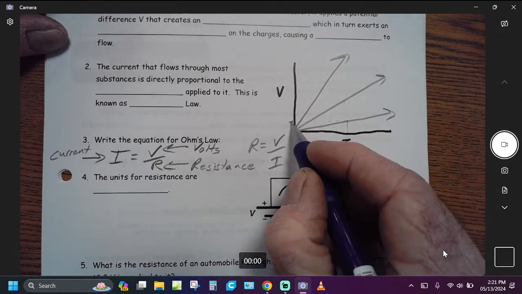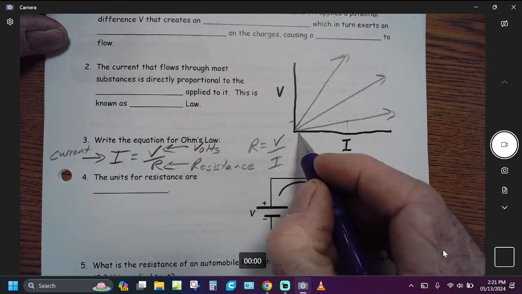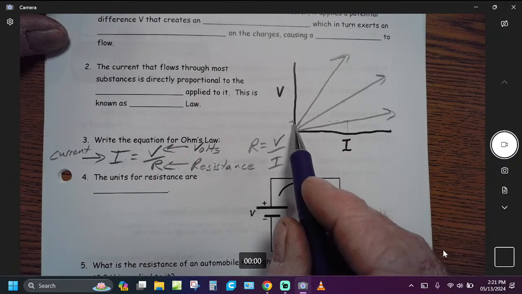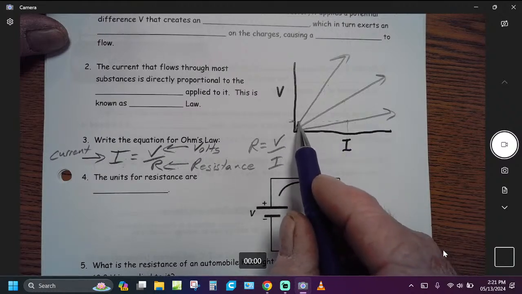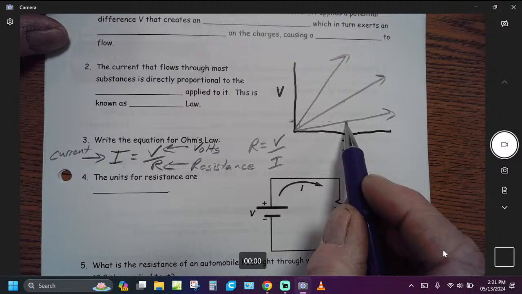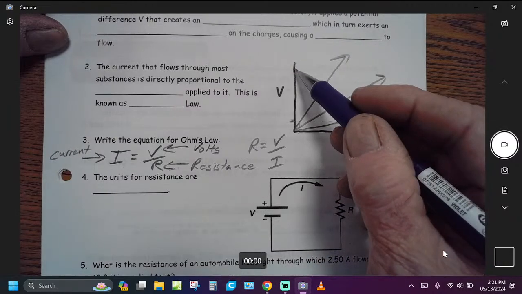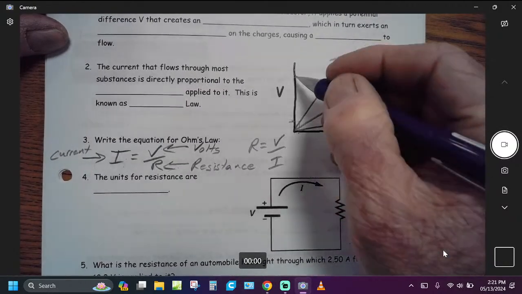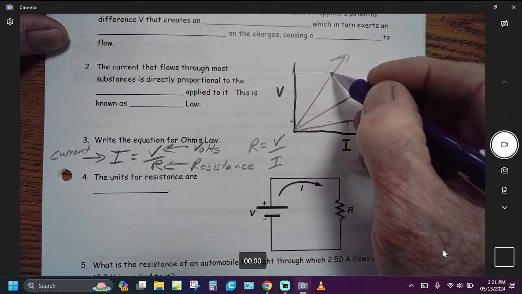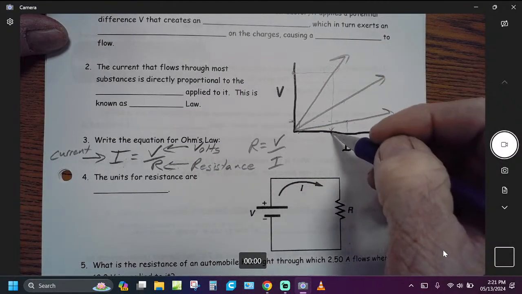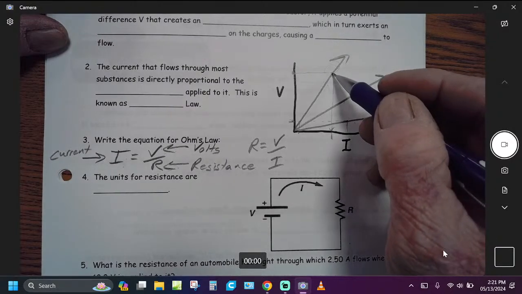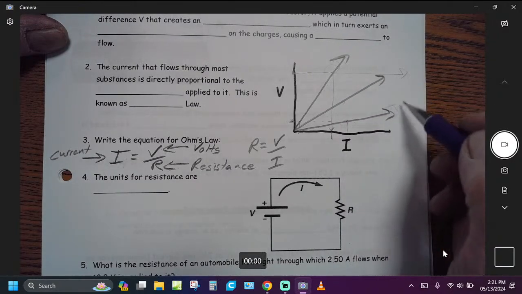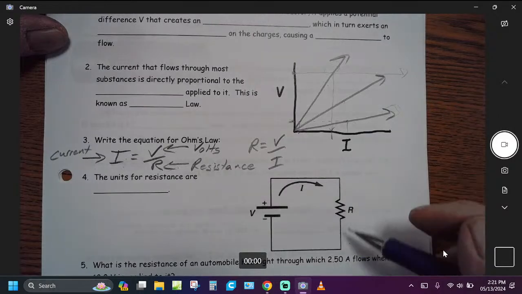With this one, if you have this much voltage, you have that much current. If not very much voltage, not very much pressure, gives you a lot of flow, is there much resistance? No. So this would be high resistance here. You can have a huge amount of voltage here, but you only get a small amount of current.